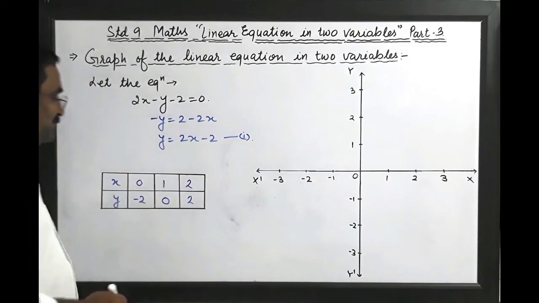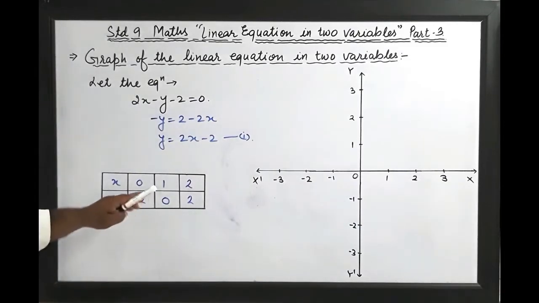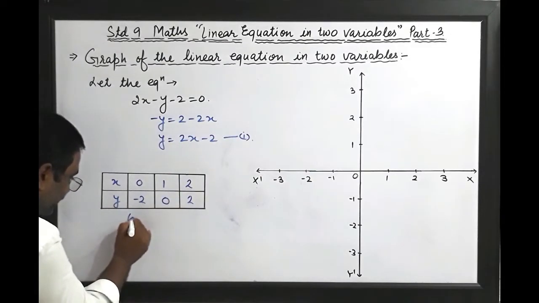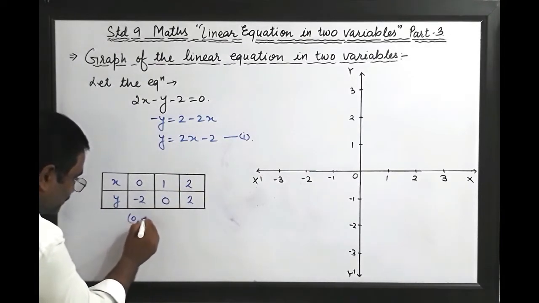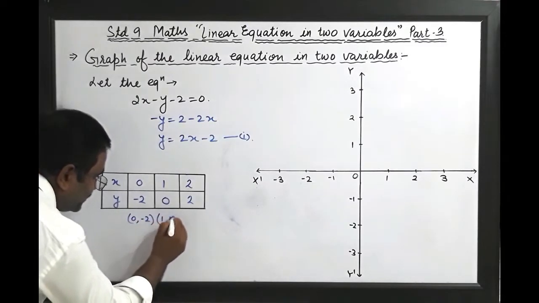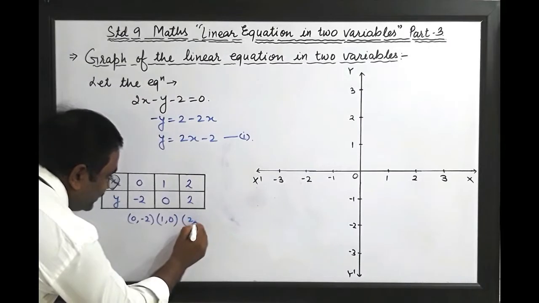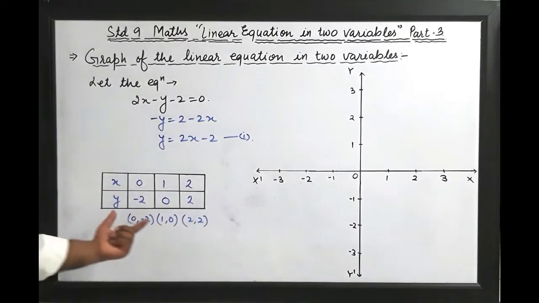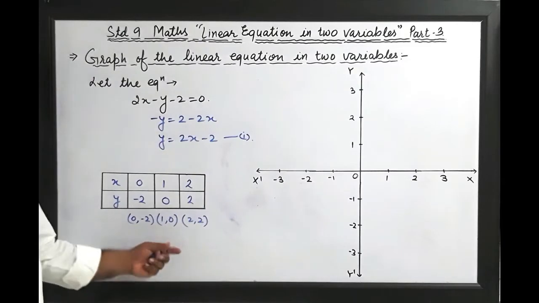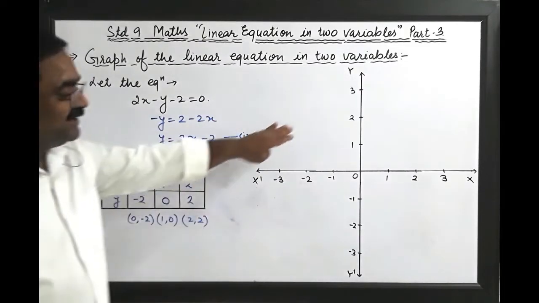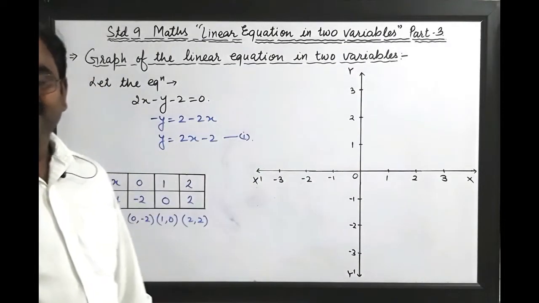Now we got 3 solutions of this equation, so our ordered pairs are (0, -2), (1, 0) and (2, 2). These 3 ordered pairs, meaning 3 coordinates, we have to plot in our Cartesian system.